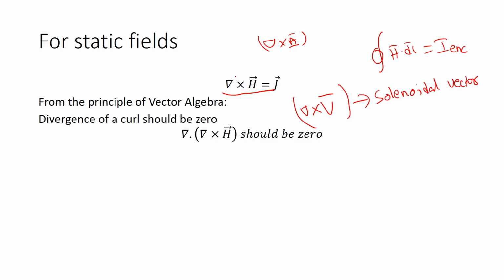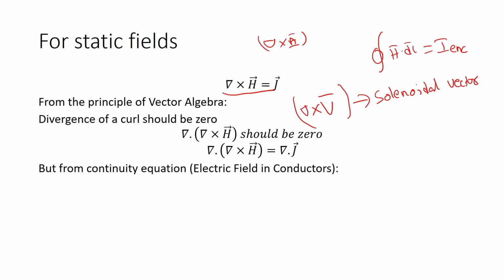If I apply the divergence operator on both the right hand side and the left hand side of the expression, I get that the divergence of curl of H bar is equal to the divergence of the current density. If you remember the continuity equation, which I discussed in the video on electric field inside conductors, from 3930 to 4130, go and watch it again.